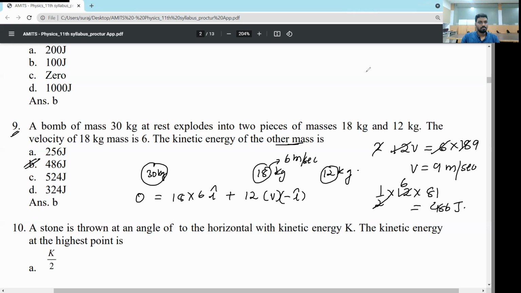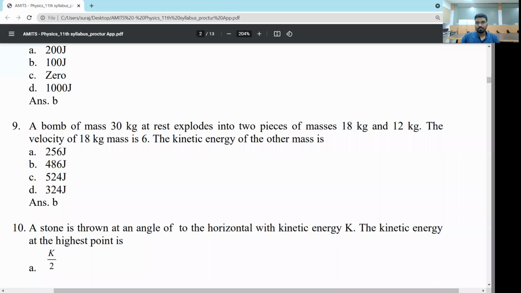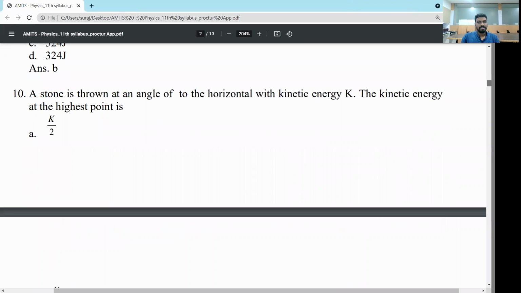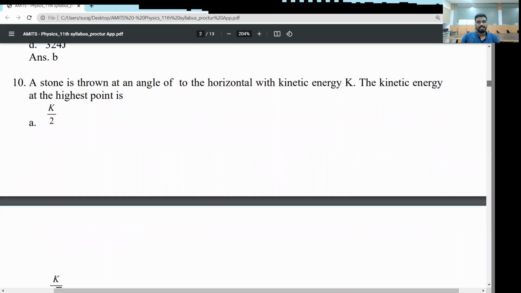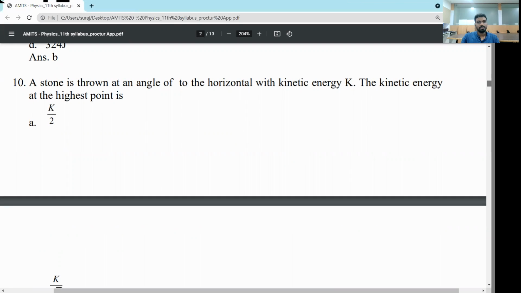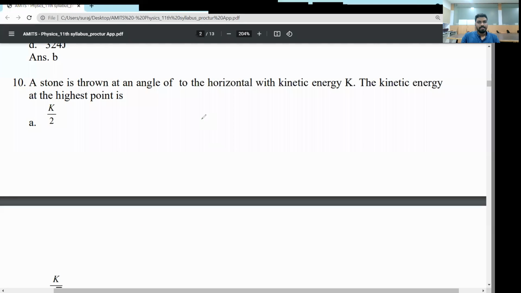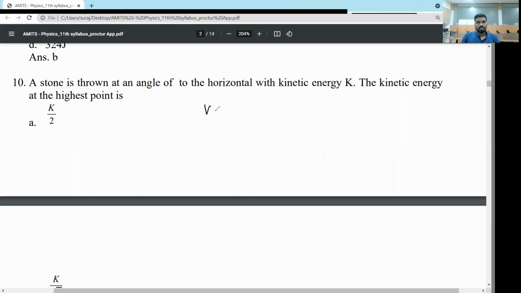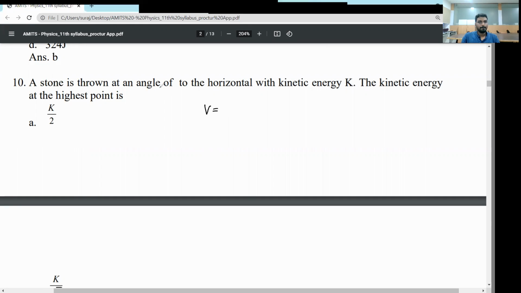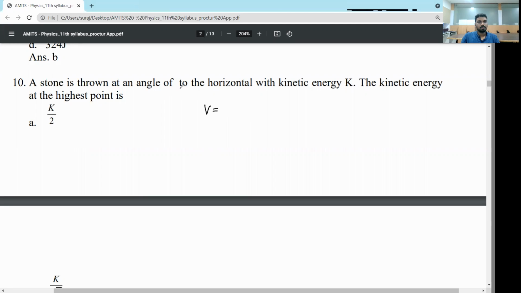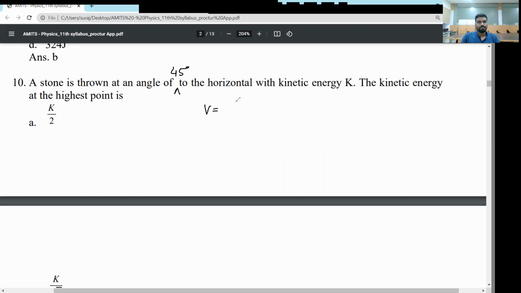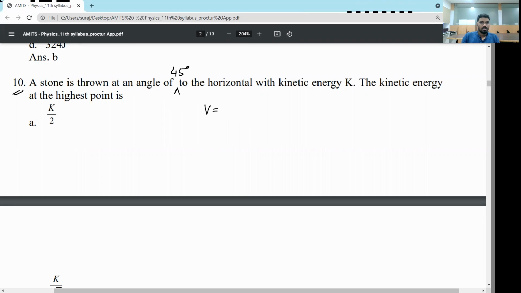Fine. Coming to question number 10. A stone is thrown at an angle to the horizontal with kinetic energy K. The kinetic energy at the highest point? Very easy question. At the highest point, velocity will be u cos theta. The angle is missing here, so it should be an angle of 45 degrees to the horizontal.